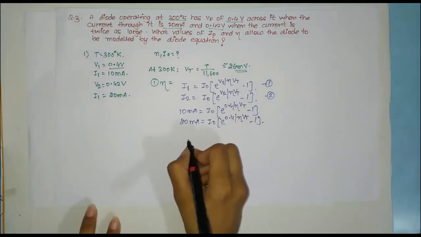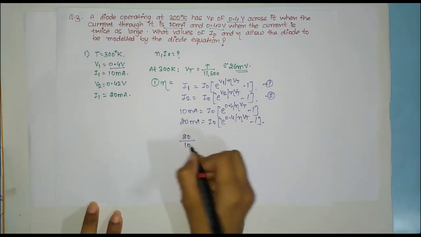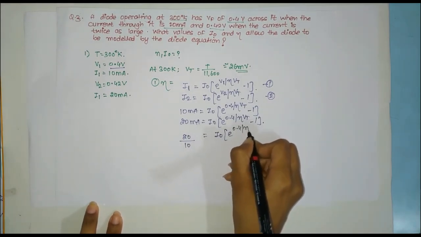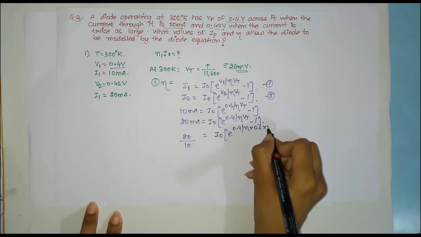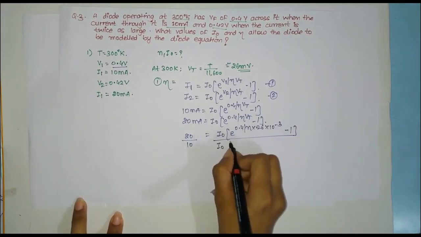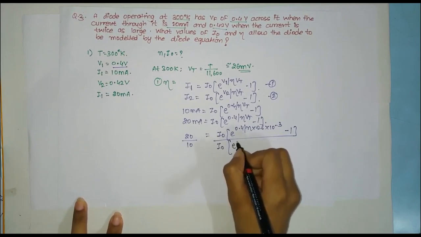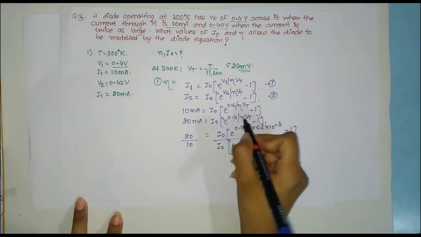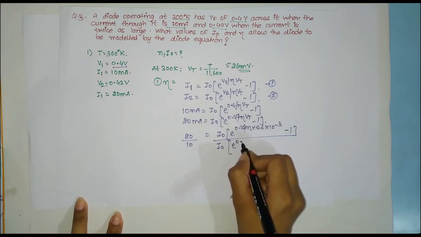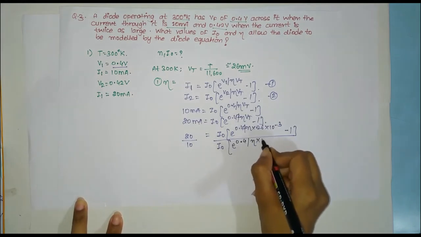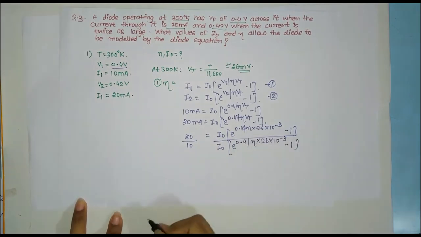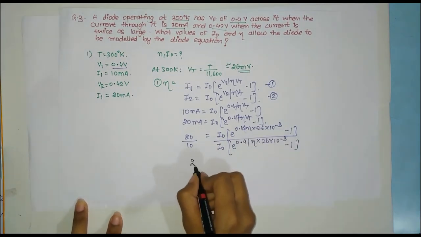Now if we divide the two equations, we get 20 upon 10 is equal to IO into e raised to 0.42 upon eta into 26 into 10 raised to minus 3, minus 1, upon IO into e raised to 0.4 upon eta into 26 into 10 raised to minus 3, minus 1.